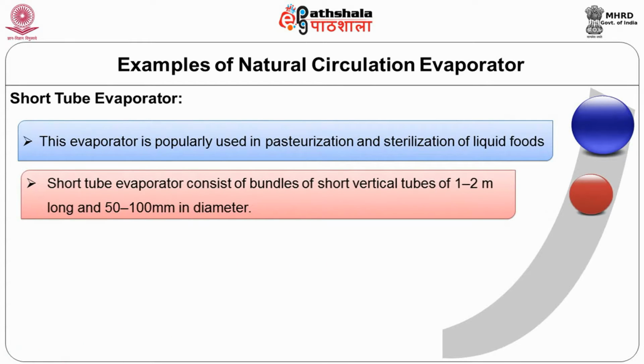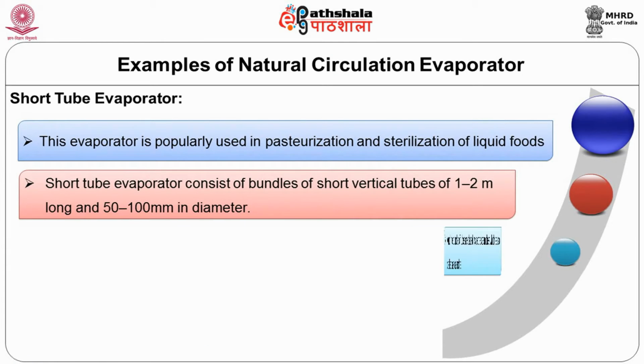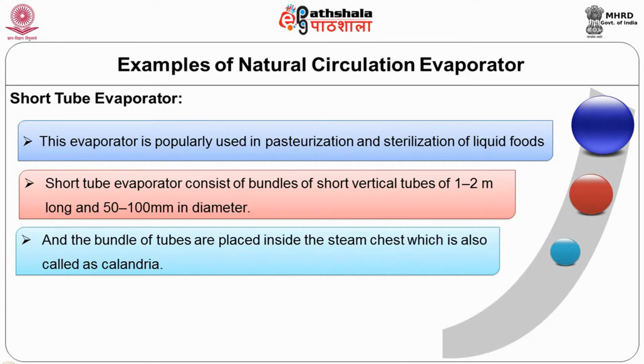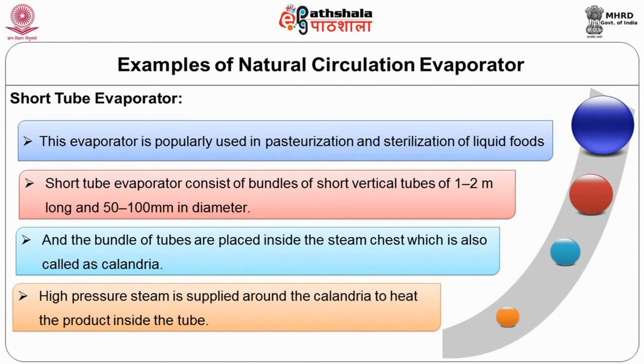A short tube evaporator consists of bundles of short vertical tubes, 1 to 2 meters long and 50 to 100 millimeters in diameter. The bundles of tubes are placed inside the steam chest, which is also called the calandria. High pressure steam is applied around the calandria to heat the product inside the tube.